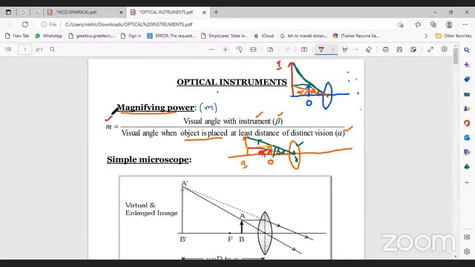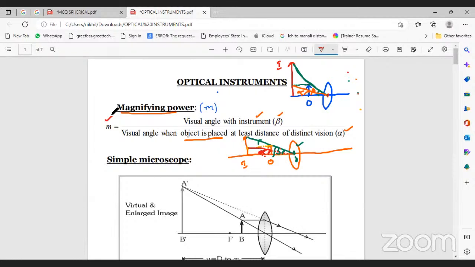So magnifying power is the ratio of the angle subtended by the instrument or lens to the angle subtended by the object. This ratio beta by alpha is called the magnifying power for instruments like microscopes and telescopes.